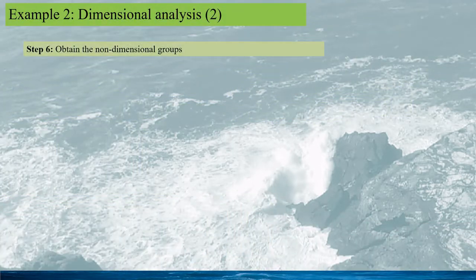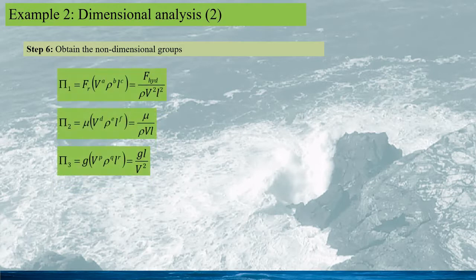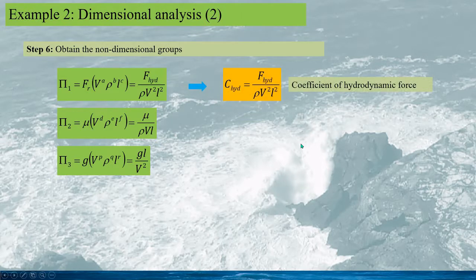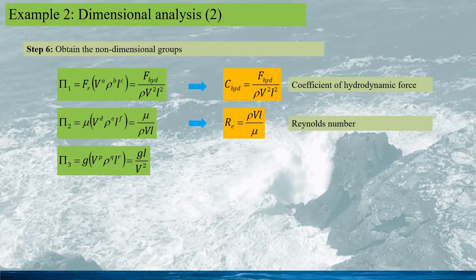Step 6 is to obtain the non-dimensional groups, pi 1, pi 2, and pi 3. The process for getting all these non-dimensional parameters is the same as that in the first example. The first non-dimensional parameter is actually the coefficient of hydrodynamic force. And the second non-dimensional parameter, its reverse is the Reynolds number, like this.